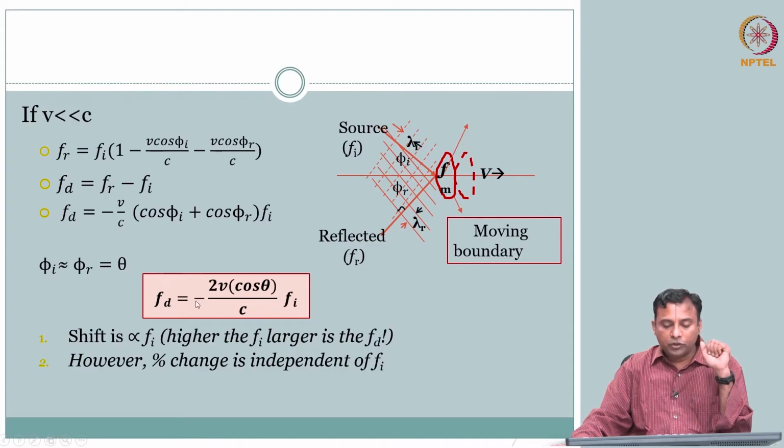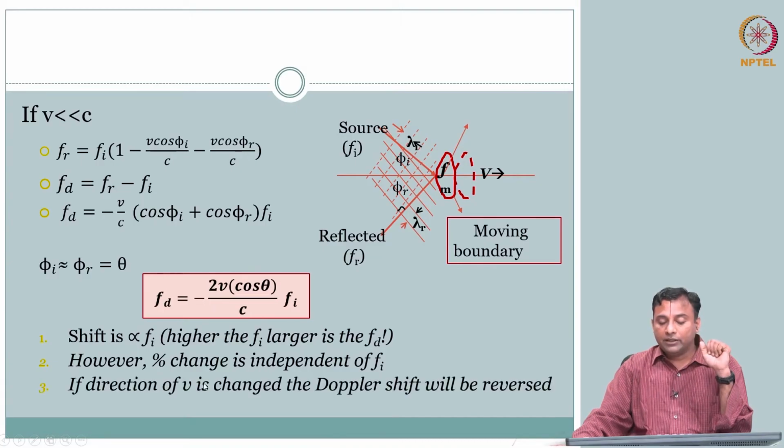So of course you see a negative sign here. It depends on the direction of V. Here what we started with is velocity in this direction. What happens if the interface is moving towards the source? So this negative or positive sign depends on whether the object or the scatterer is moving towards the source or away from the source.